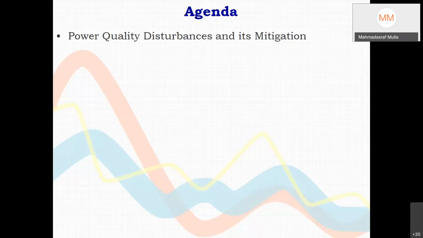Some theoretical part we will try to understand. Then we will introduce this subject, how the VSC, voltage source converter, and FACTS controllers are finding wide application for mitigating power quality problems, that we will try to correlate.